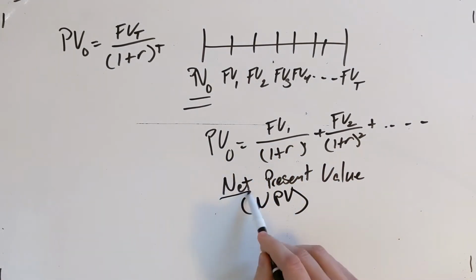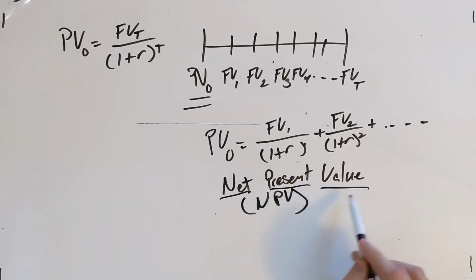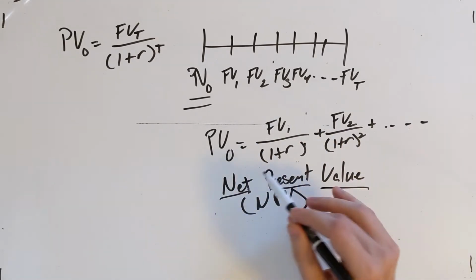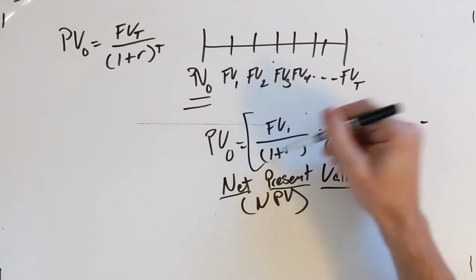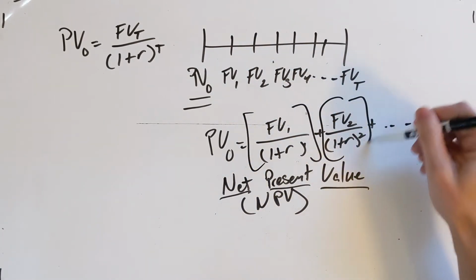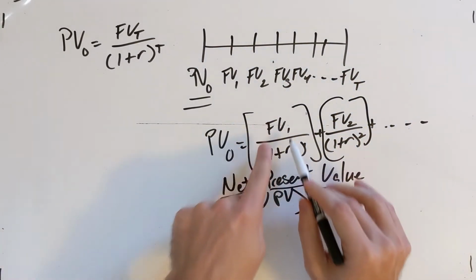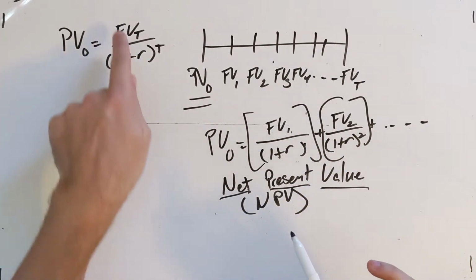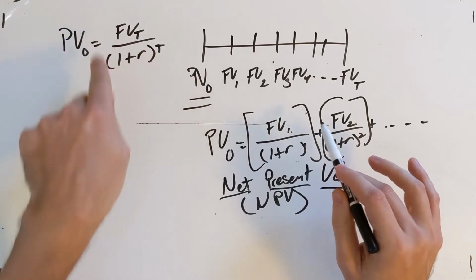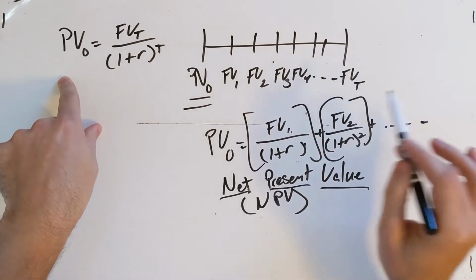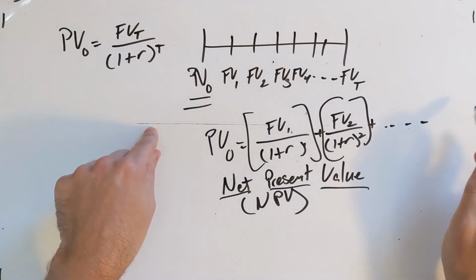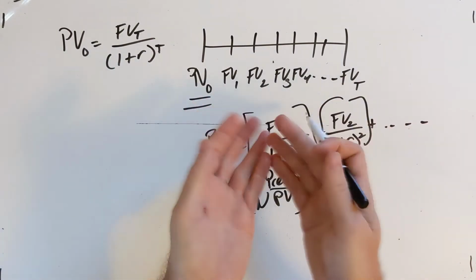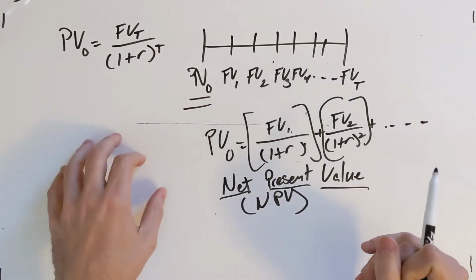The sum of the present values of future cash flows. So you can think about each one of these terms as representing the present value of that year's cash flow, right? And so if we take a sum of the present values of all the future cash flows, that tells us the value of all those cash flows.